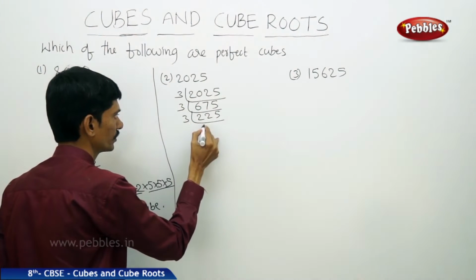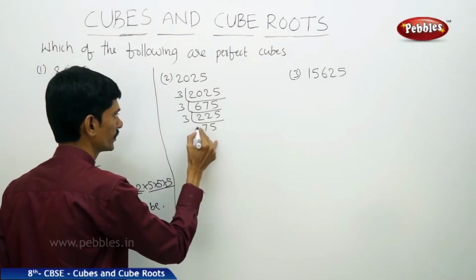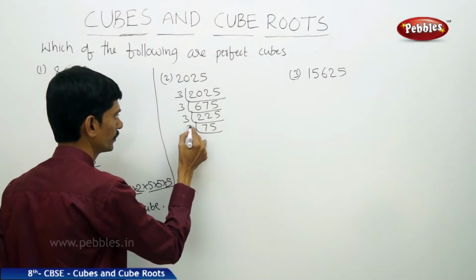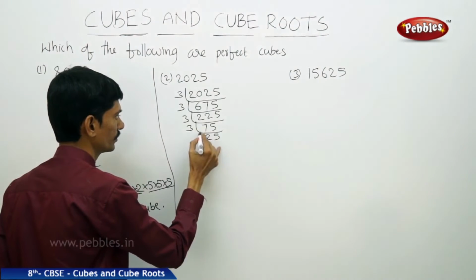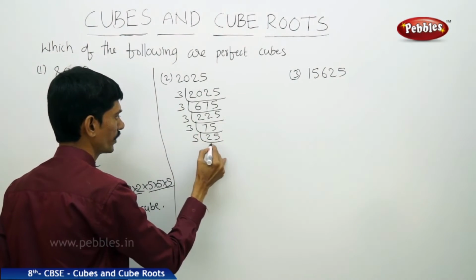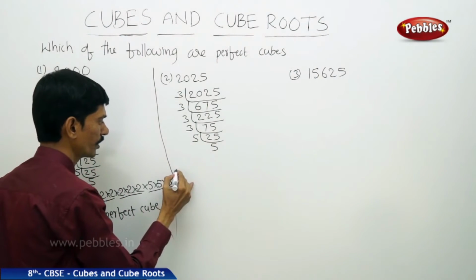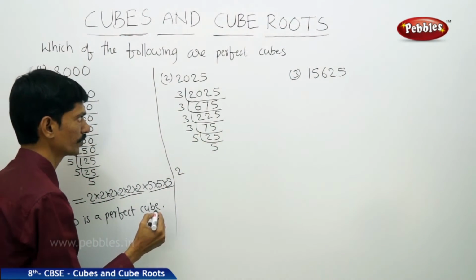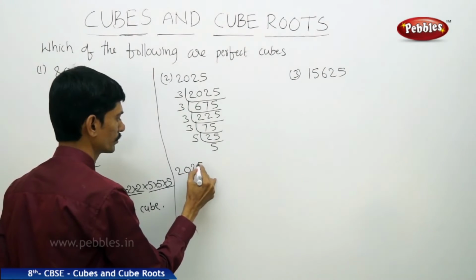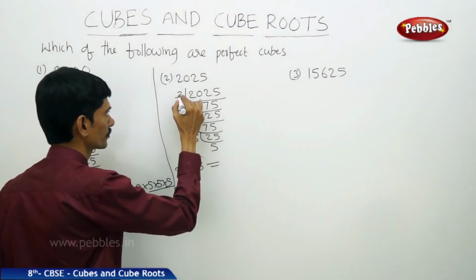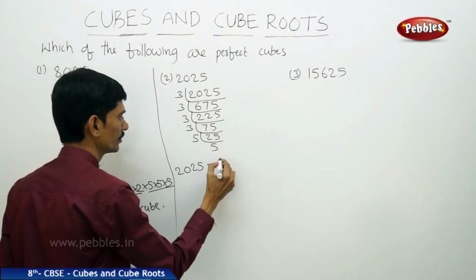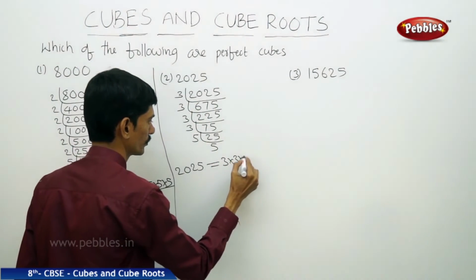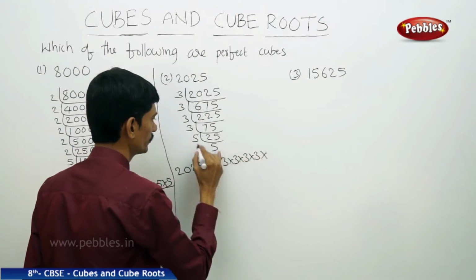Again 3 table, 3 7s are 21, 3 5s are 15. Again 3 25s are 75, and 5 5s are 25. So the prime factorization of 2025 equals 3 into 3 into 3 into 3 into 5 into 5.